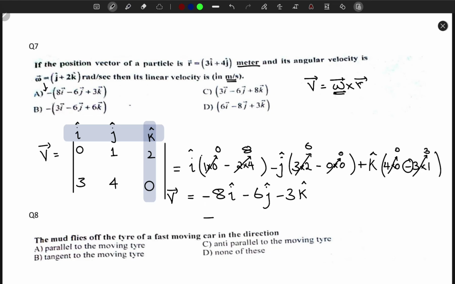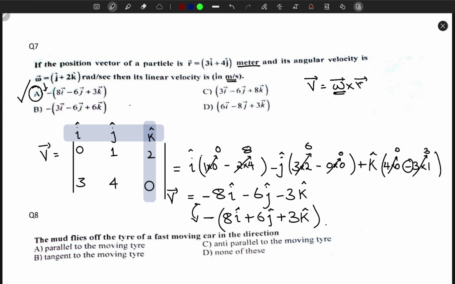So if I take a negative sign out as a factor, what I'm left with inside is 8 i hat, since I've taken this minus out. This minus also went out, so plus 6 j hat. And this minus is also outside, so we have plus 3 k hat. So this thing is exactly the same as our option A. So that's the correct option.